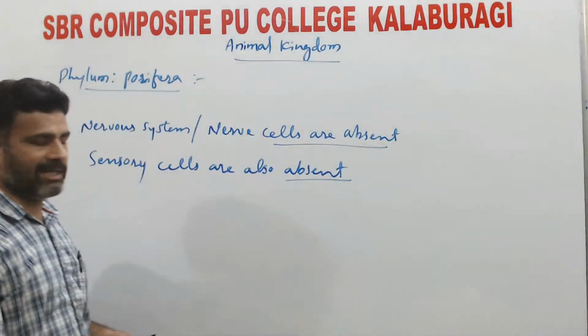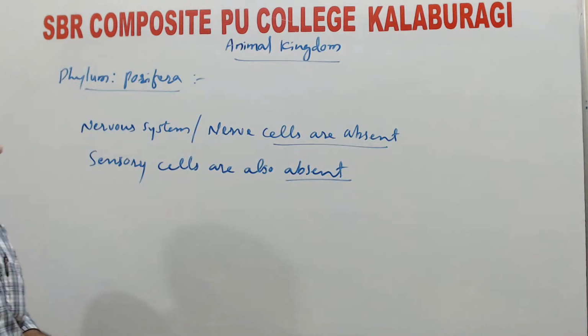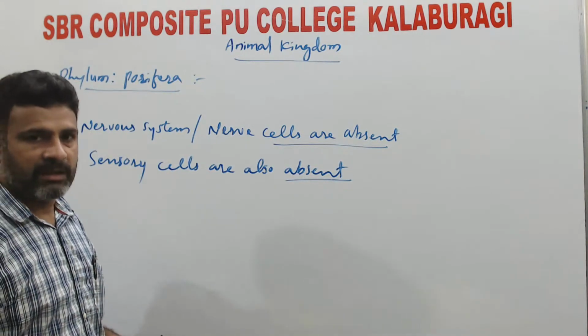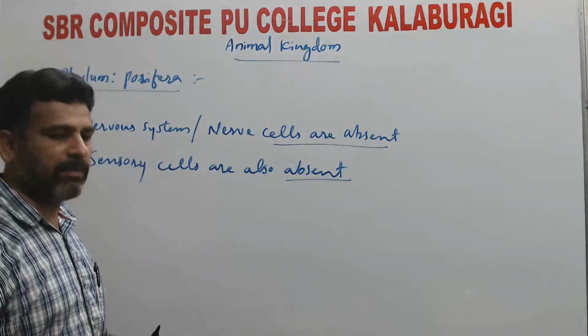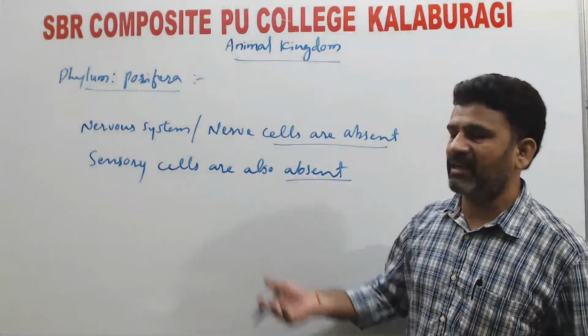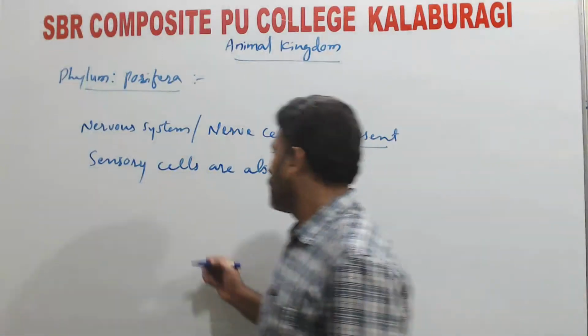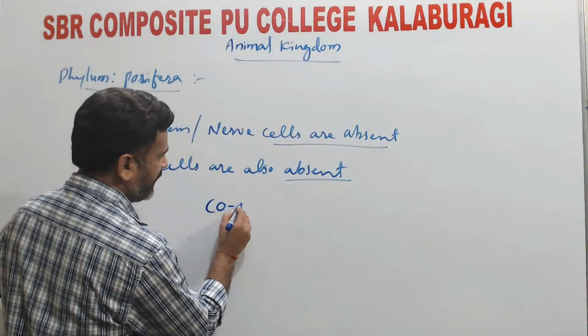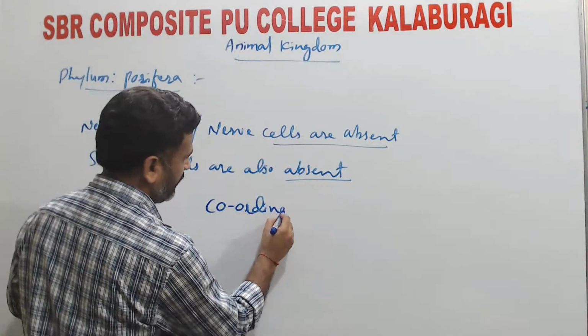The body does not possess any sensory cells, either on the surface of the body or within the colony; there is no special type of sensory cell. So that's why there is no coordination between the cells of the colony.